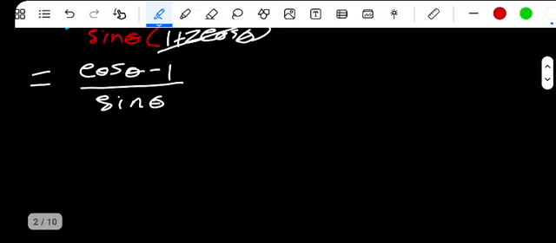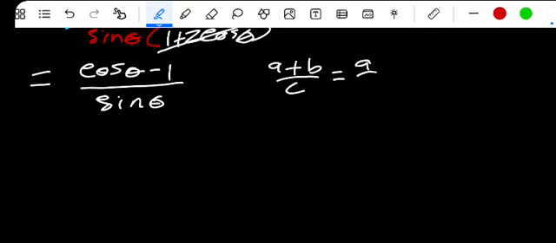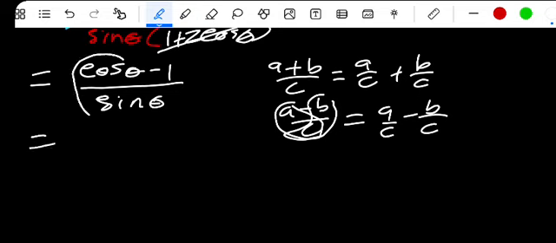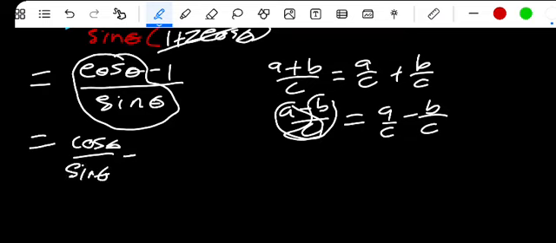I hope you know this law. Let's say we have A plus B divided by C. This can be written as A divided by C plus B divided by C. Vice versa, if you have A minus B over C, you just divide each by C: A divided by C minus B divided by C. So let us use this here. We'll have cos theta divided by sine theta minus 1 divided by sine theta.